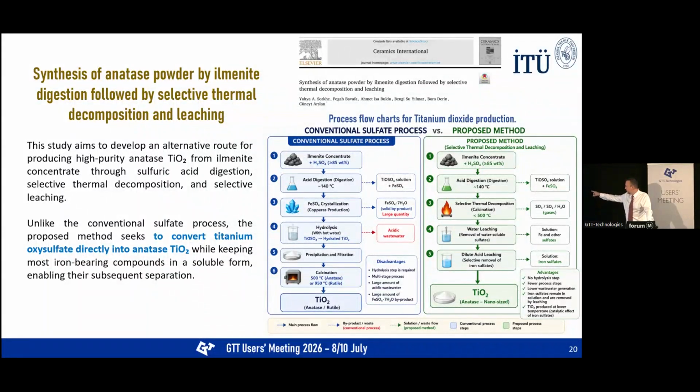So after acid digestion, we go to a thermal decomposition process, but it is a selective one. It is supposed to be around 500 degrees Celsius. So we keep the iron sulfate in the system. Then we leach out this iron sulfate after the calcination process.